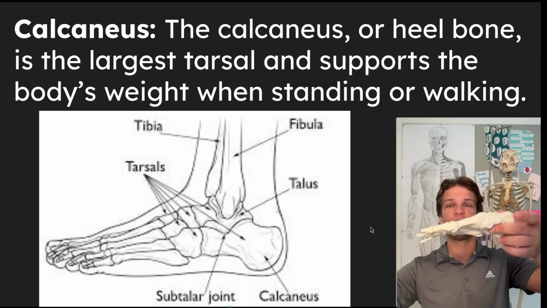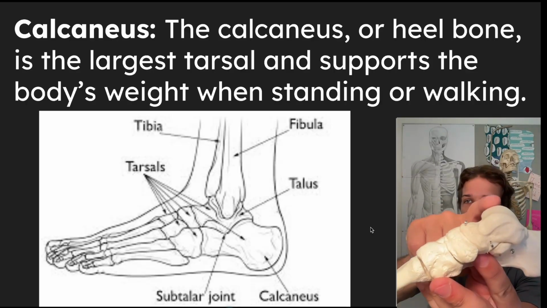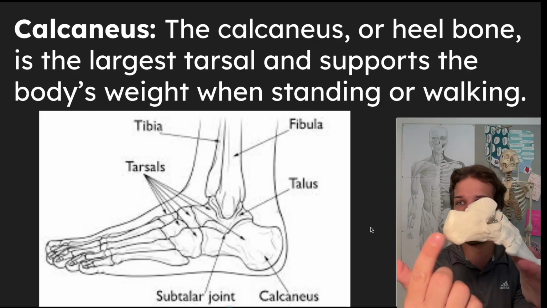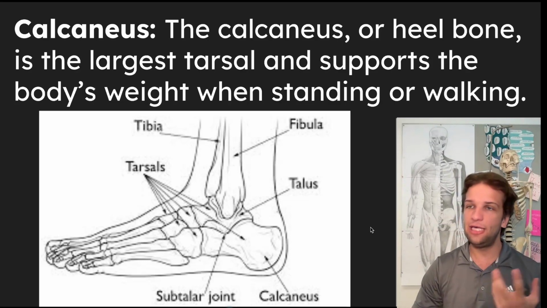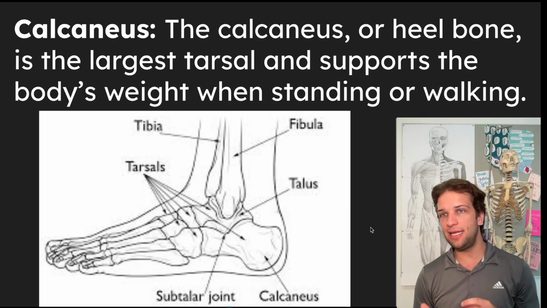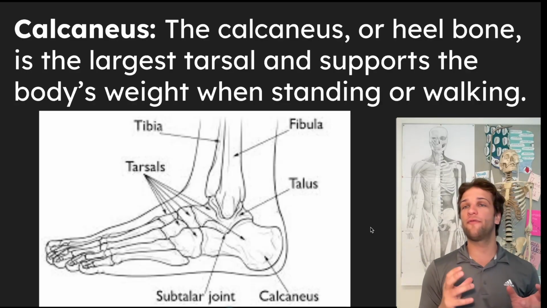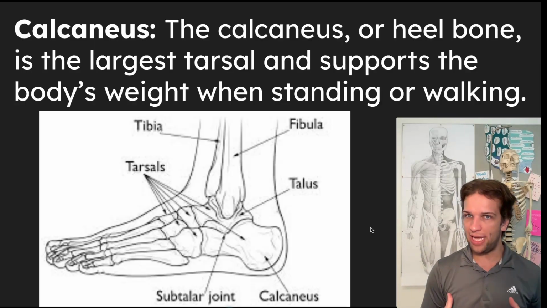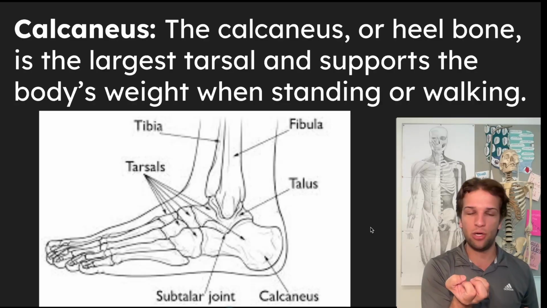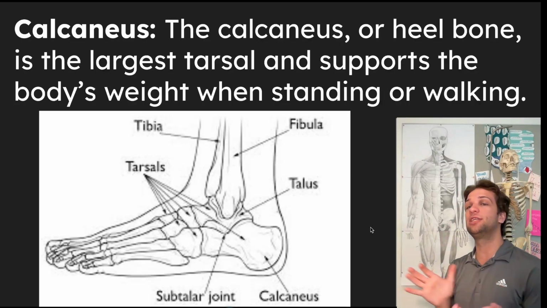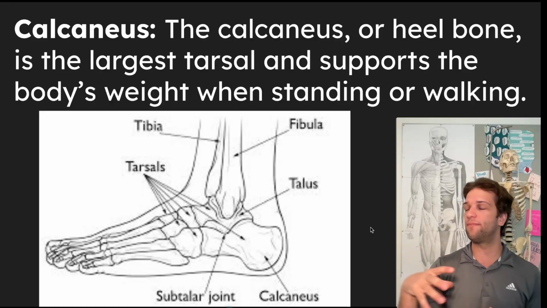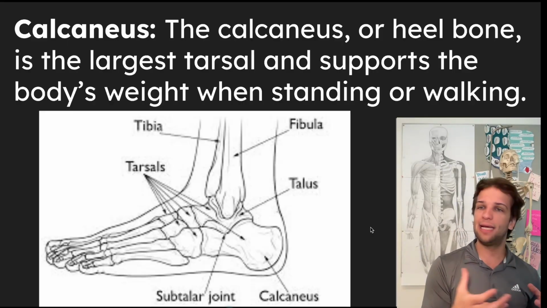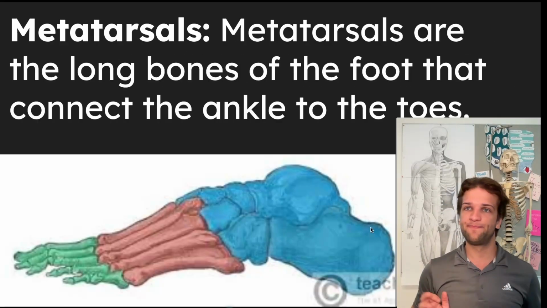Talus is this top bone, and calcaneus is this bottom bone of the foot. So the heel bone of your foot is the calcaneus. Really important for standing, supporting weight. It's a really, really strong bone, and it's where your Achilles tendon connects. So it's also going to help to facilitate some movement and anchor down some muscles.